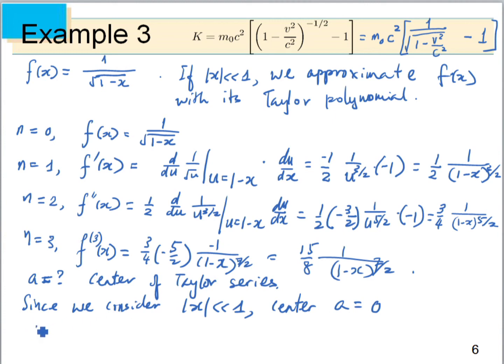Alright, so now we write out the coefficients. F of 0 is 1. F prime of 0, okay, this term here that we need to substitute 0 into. And then one more, this is f double prime of 0.